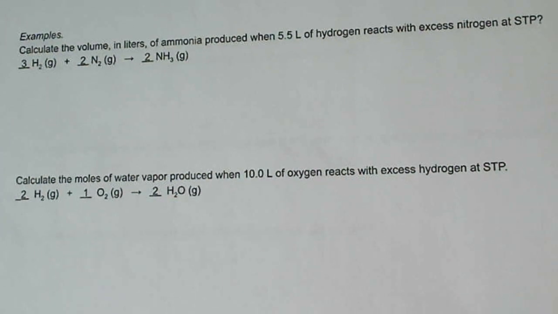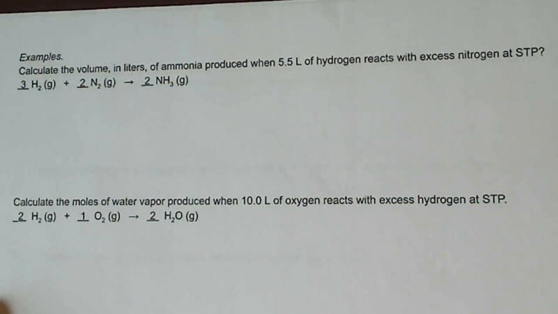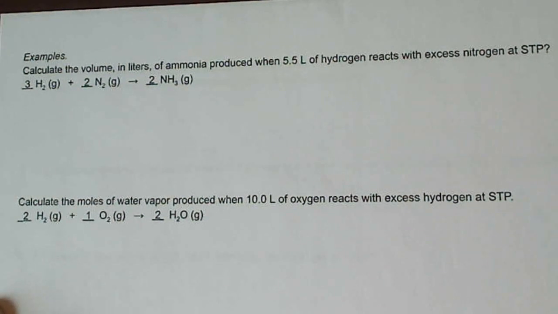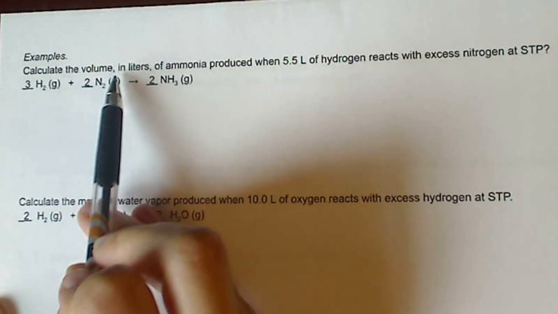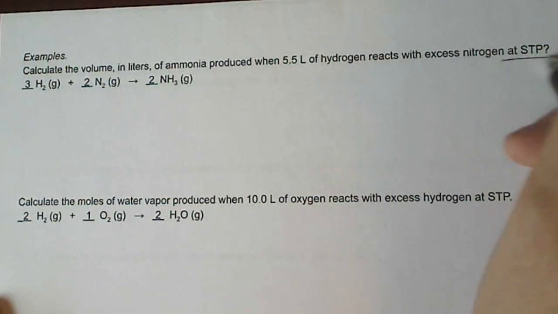So on the top of page 10, this is kind of what I was just going over. It says calculate the volume in liters of ammonia. My unknown is liters of ammonia, and I'm given 5.5 liters of hydrogen gas at STP.